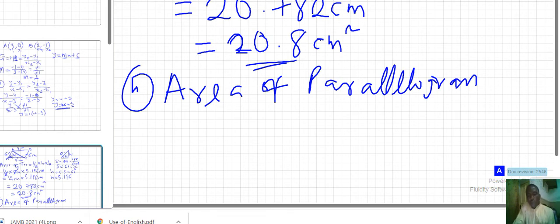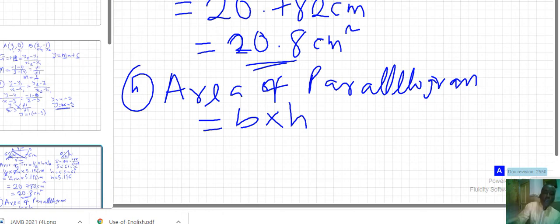So area of a parallelogram can be AB sine theta if you want to use the angle, or it can be equal to the base times the height.